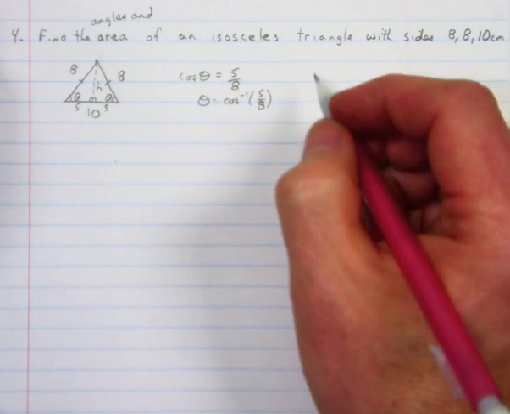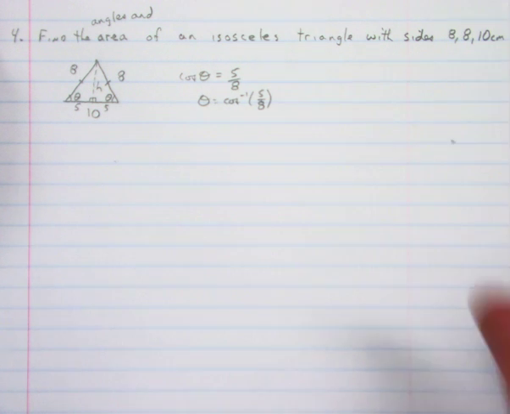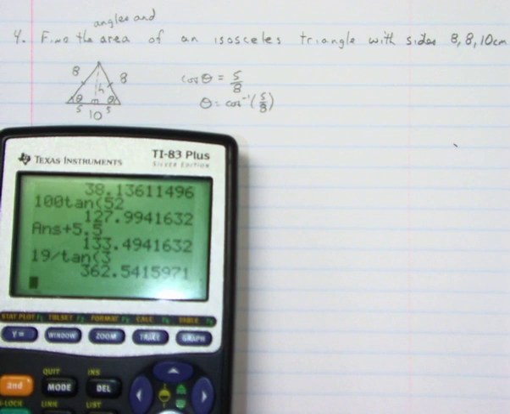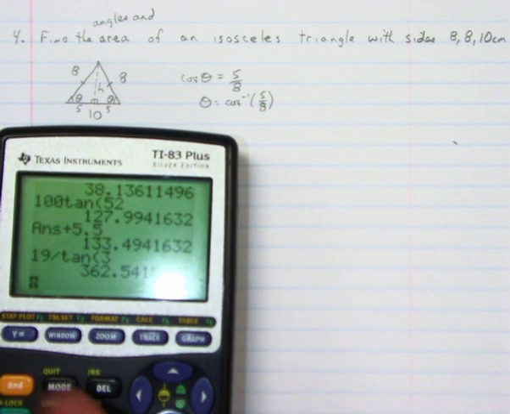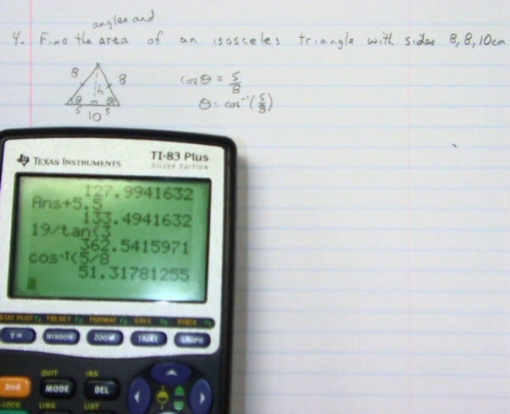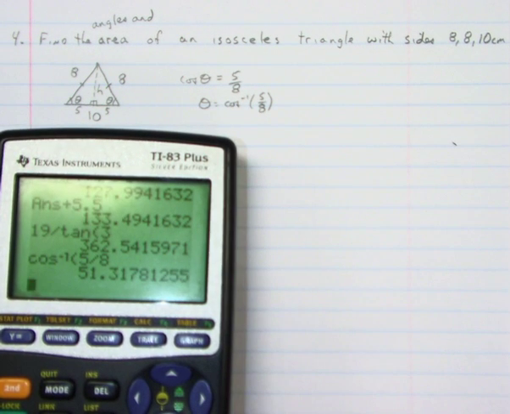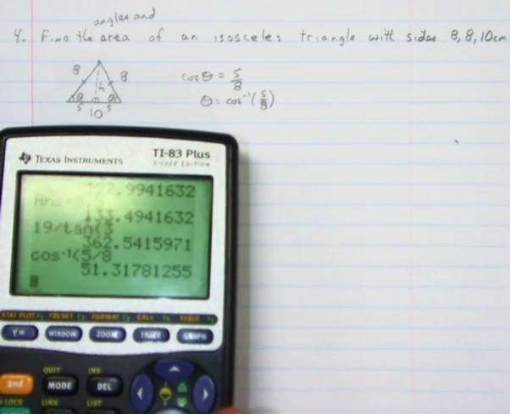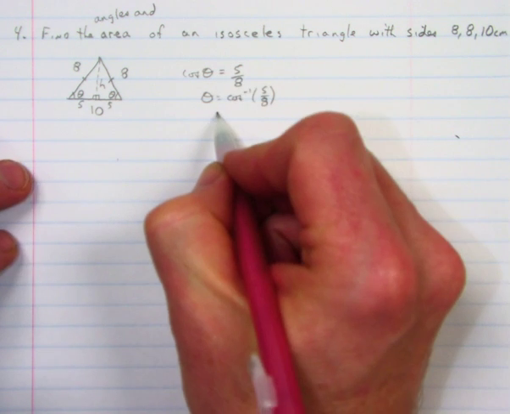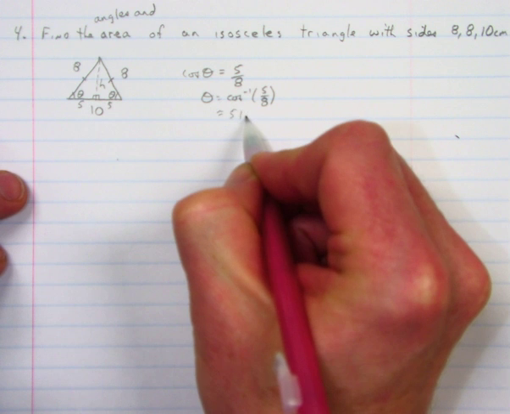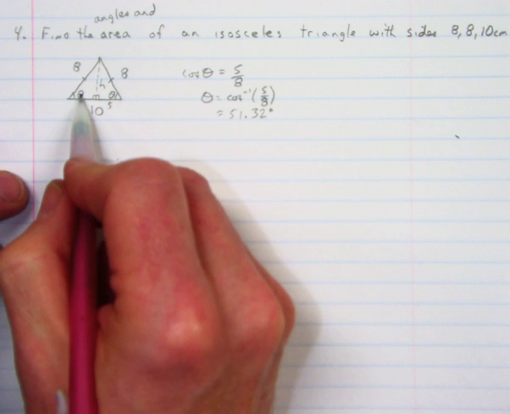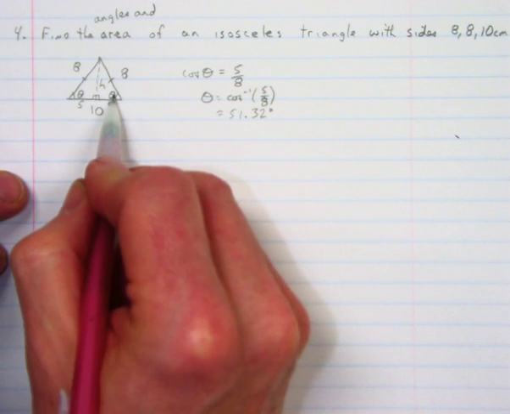And I'll save that and I'll do all the calculations. Oh, I guess I should do that right now. Let's go inverse cosine 5 divided by 8. That gives us 51.317. And we can just say that this is 51.32 degrees. Now if we found this is 51.32, so is this.